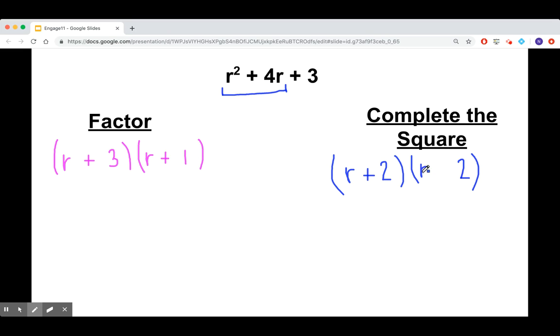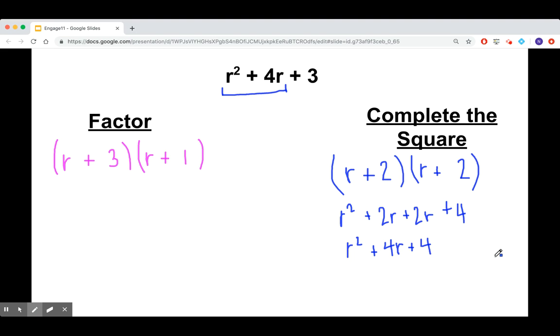So we'll have positive 2. When we factor this expression, we end up with r squared plus 2r plus 2r plus 4, because we're multiplying that 2 times 2. And we can simplify this to r squared plus 4r plus 4.